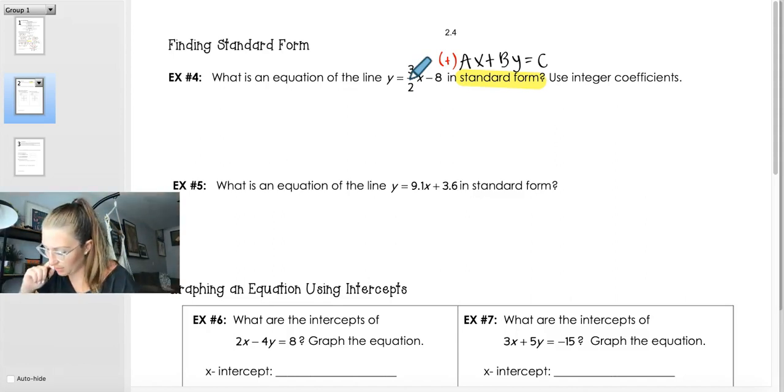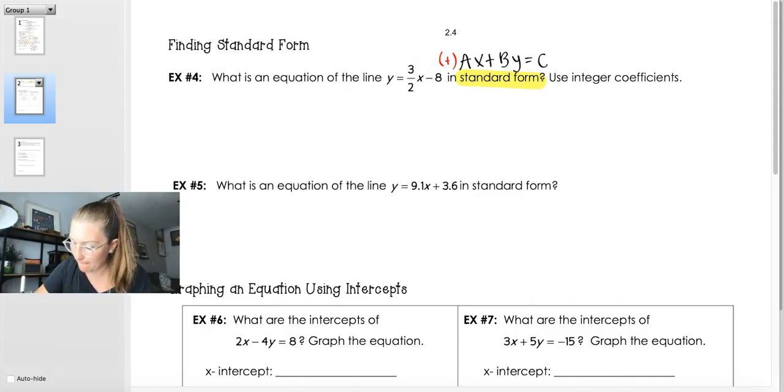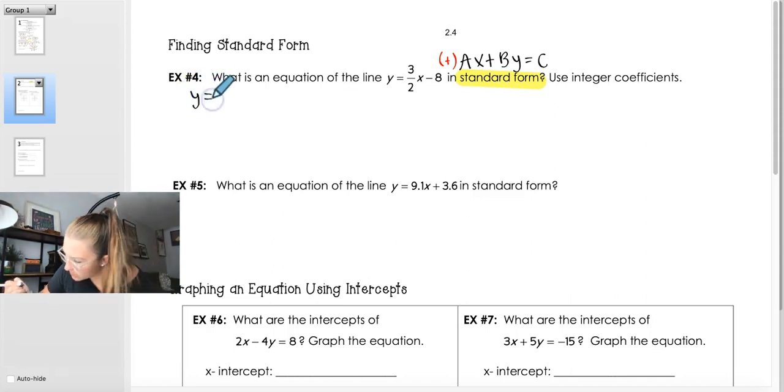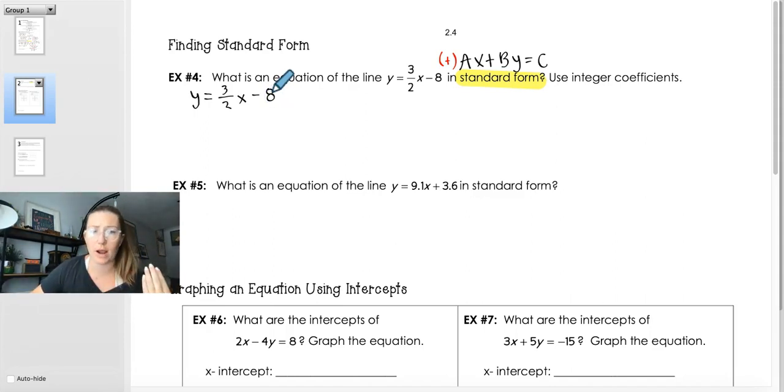Alright, so let's go through this guy. So we're going to get y equals 3/2 x minus 8. Okay, so I just told you you are not allowed to have fractions. So the first thing we should do is get rid of the fraction.